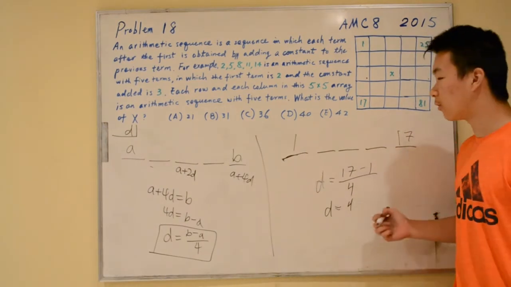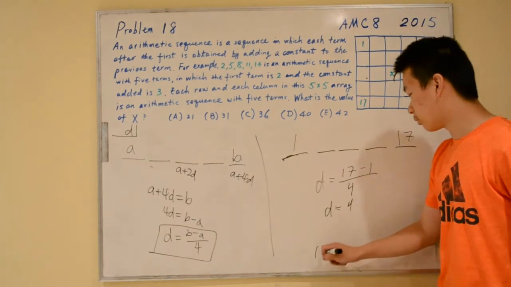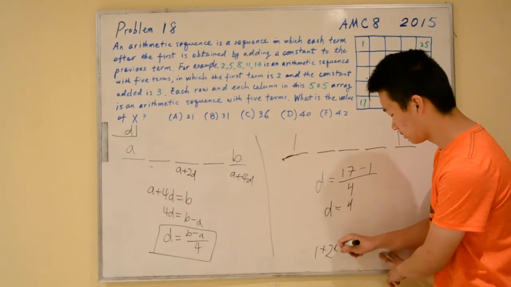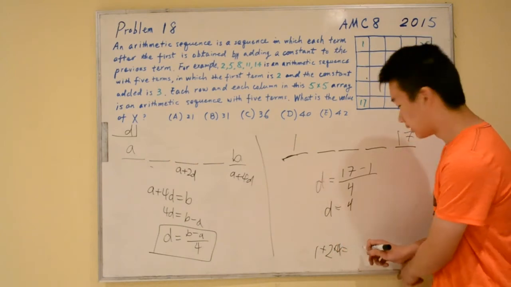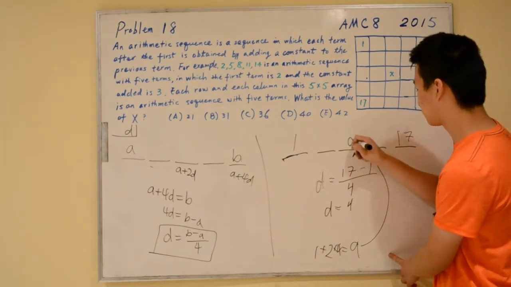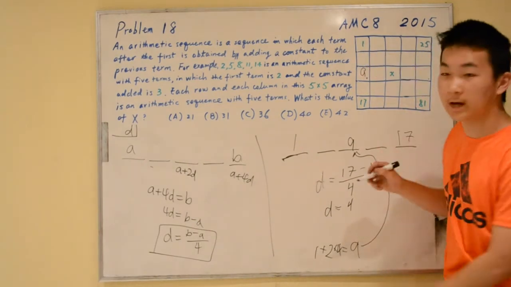If d equals 4, we can find the middle term. The middle term is 1 plus 2d, or 2 times 4, which equals 9. So this 9 goes right here.